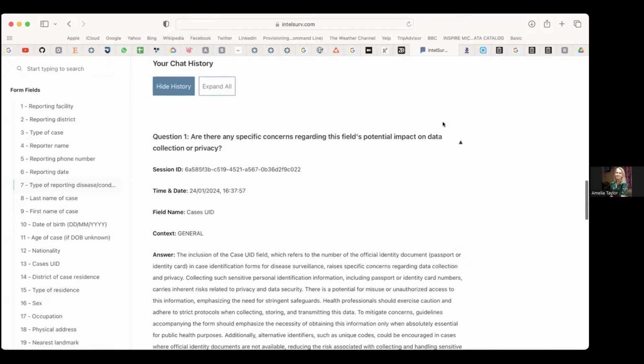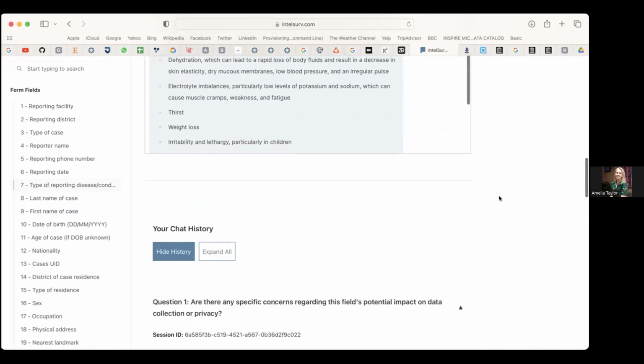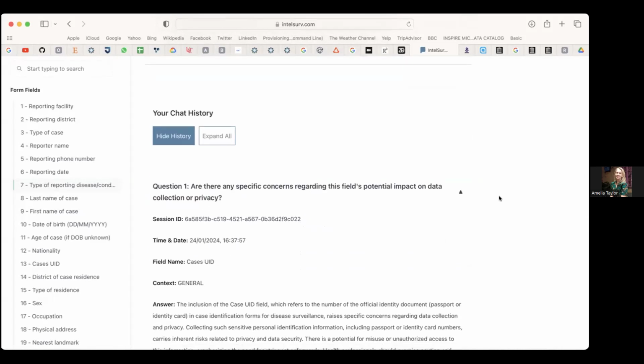So basically, this tool that I'm showing you now was leveraging large language models to achieve this questions and answers interaction between healthcare workers and the knowledge. In our case, the knowledge were the guidelines by the ministry, some health dictionary, because there were questions about the meaning of specific diseases and so on.